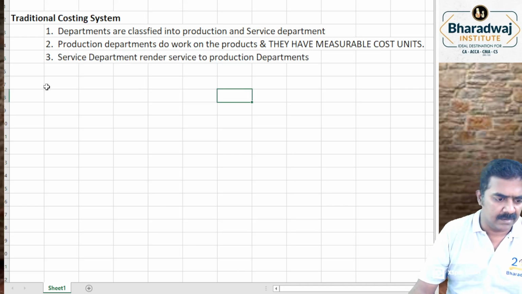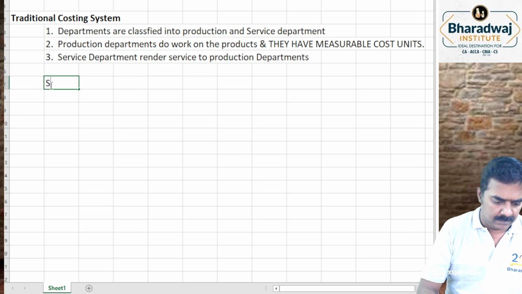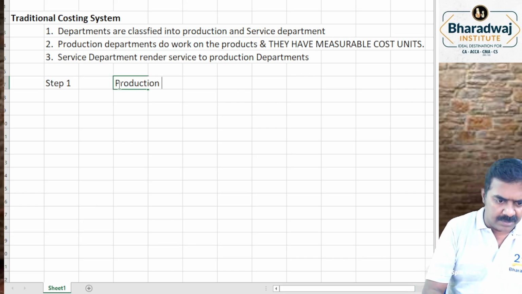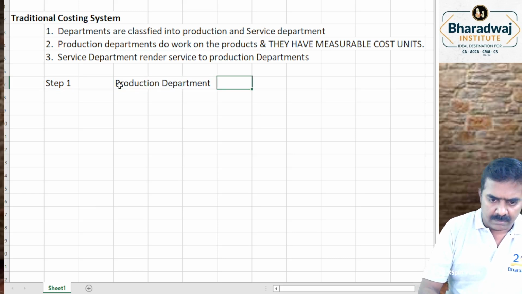Production department. In the traditional method, we follow different steps. We classify them into which department? Production department and which department? Service department.